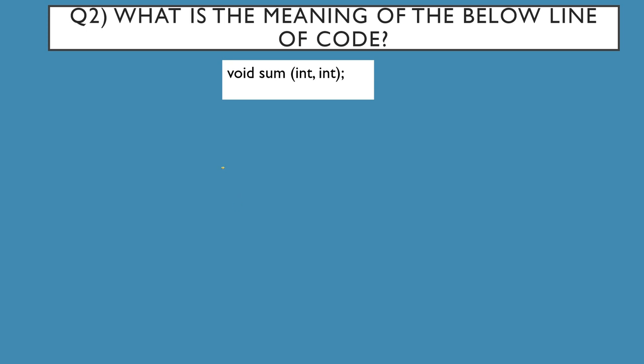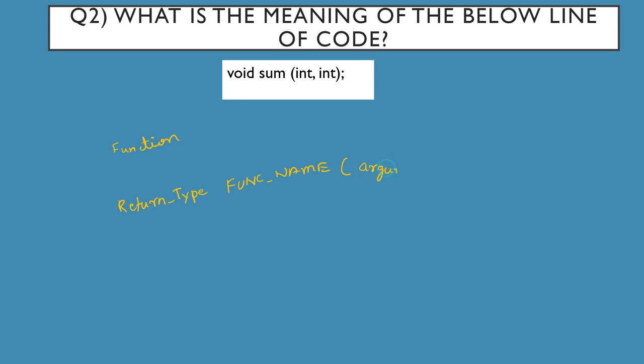If you know the basics of programming, the syntax of a function, if you want to write a function, the syntax for it is the return type, then the function name, and in the brackets you can have arguments.